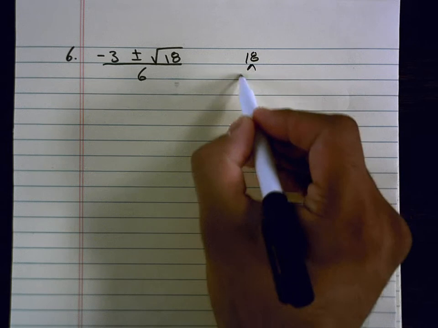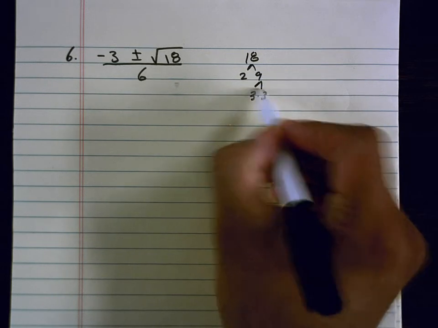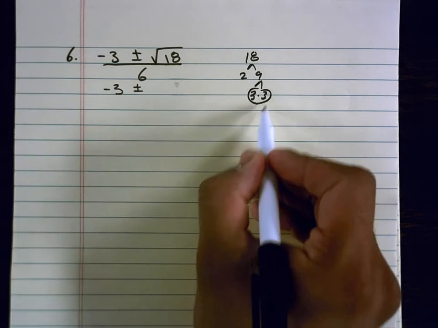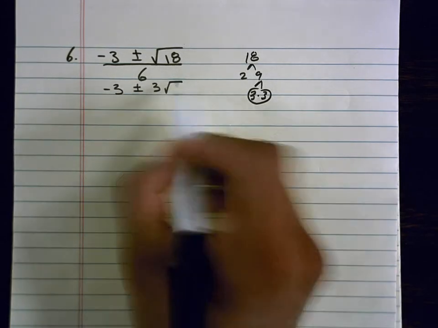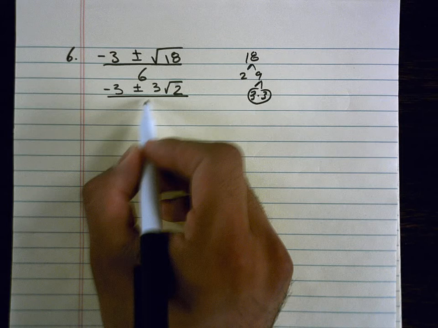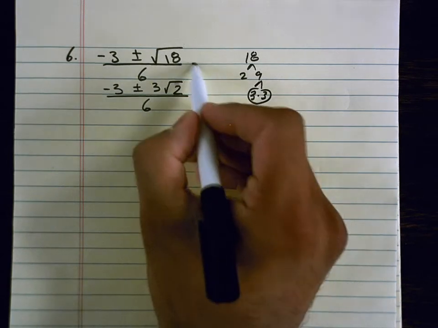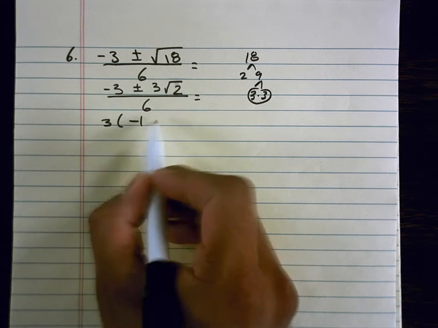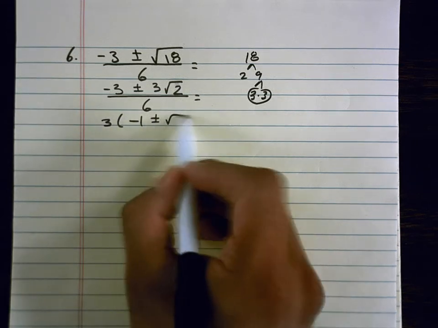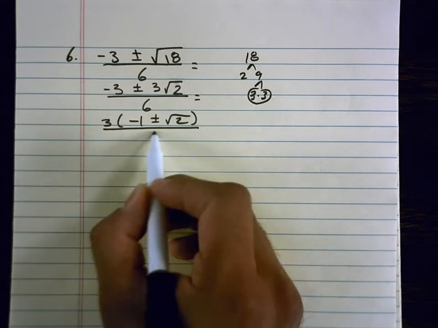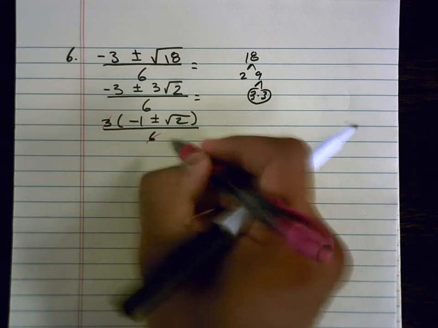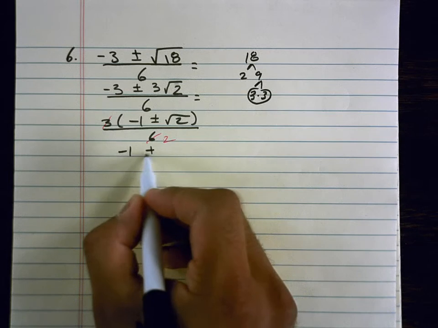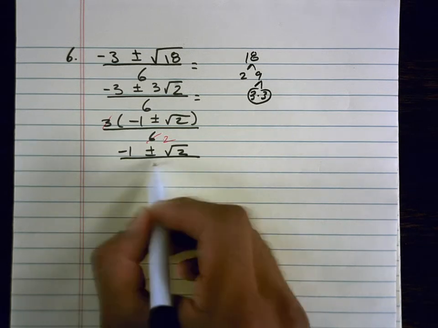So if I do 18 over here, that's going to be -3 plus or minus, a 3 comes out, root 2 all over 6. Now it's the same thing where I have to get a GCF out of the top, so I'm going to factor out a 3 with -1 plus or minus root 2 all over 6, and I'll reduce here with the 2, so the answer is -1 plus or minus root 2 all over 2.